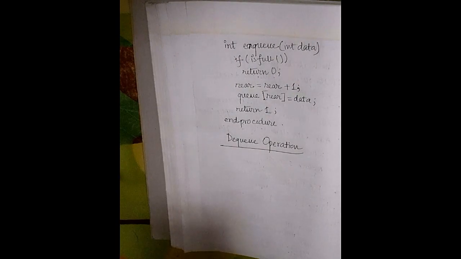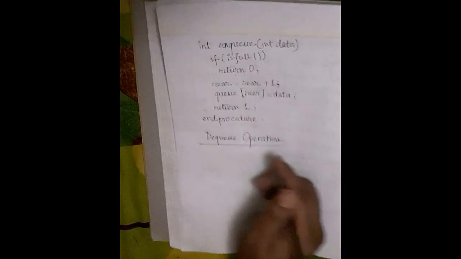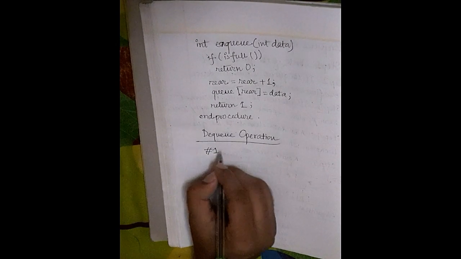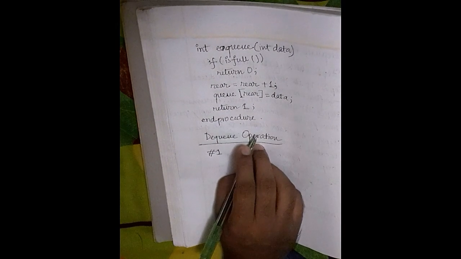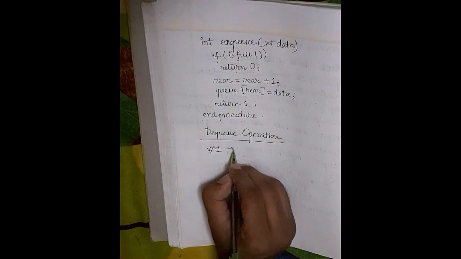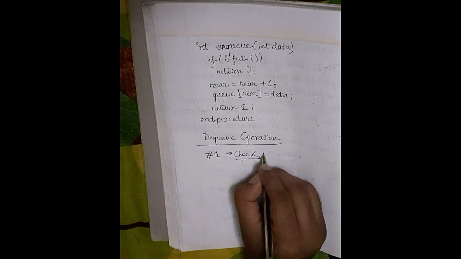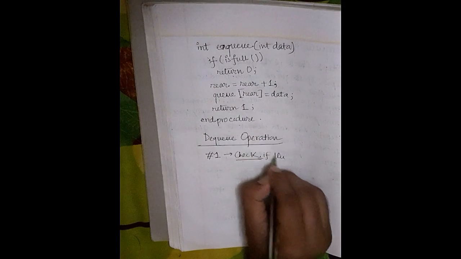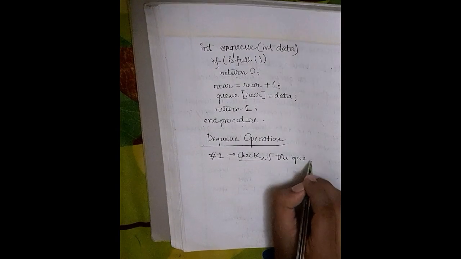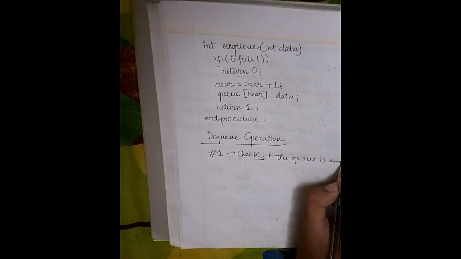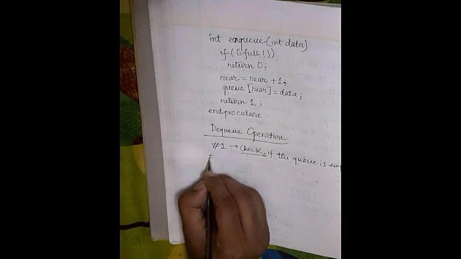In step number 1, I will write that in brief. Step number 1, it checks if the queue is empty. Check what? If the queue is empty. Then what should be the next step?